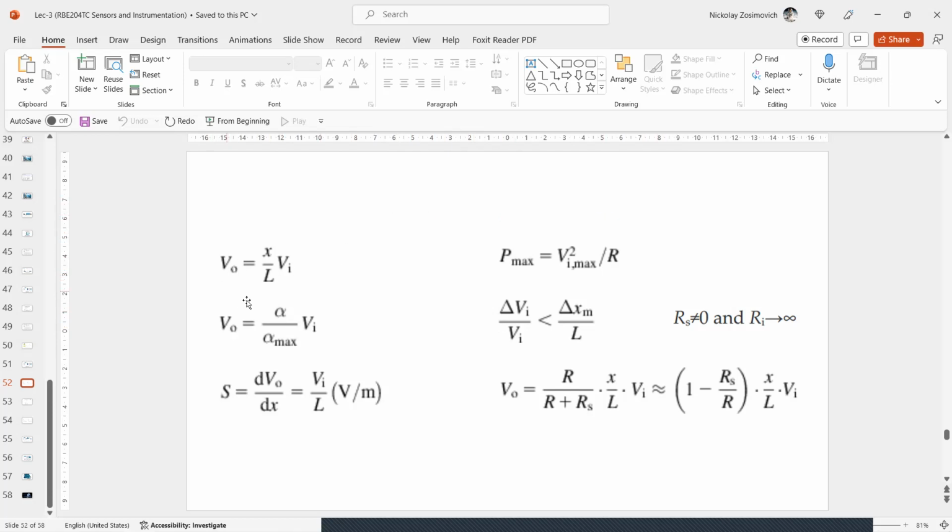Here L is the total electrical length, and in the next equation, alpha is the maximum electrical angle. The sensitivity of a linear sensor, as we can see in this equation, is apparently independent of the resistance R and proportional to the source voltage.